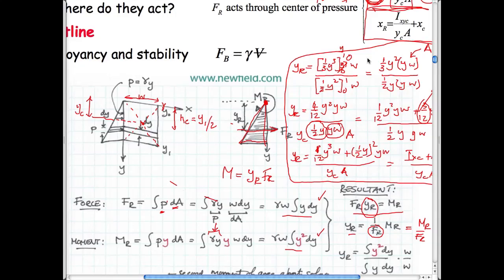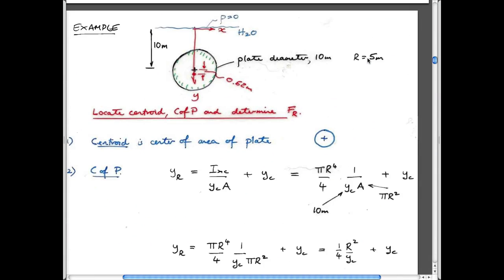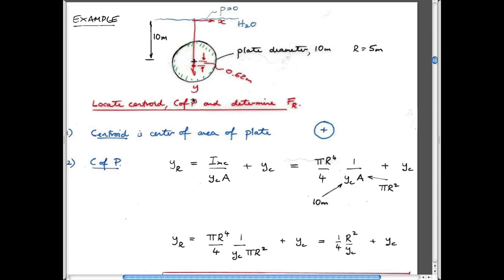And so we want to calculate where this acts. The center of pressure, C of P, is going to be equal to the depth of the centroid, which in this case, what is it? It's a 10 meter diameter plate that's 10 meters below the surface, so y sub c is equal to 10 meters.